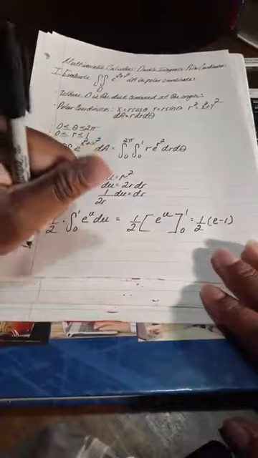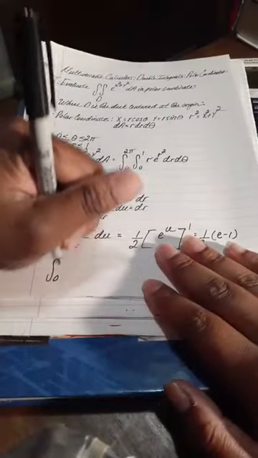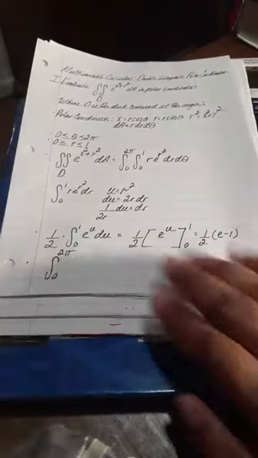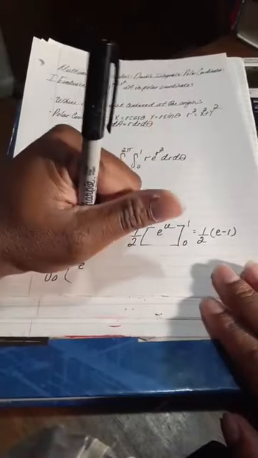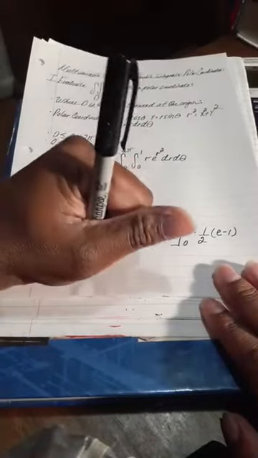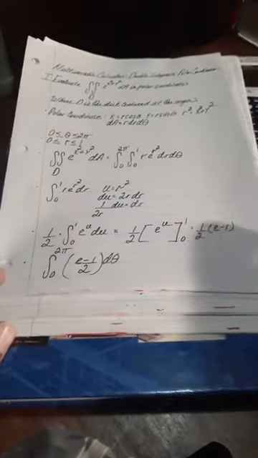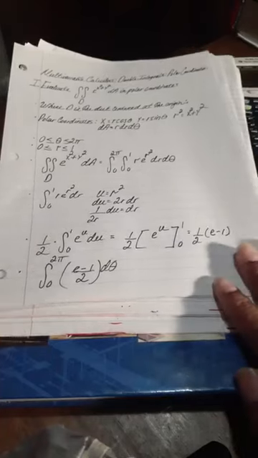Now we move to the outermost integral, and we're going to evaluate that from 0 to 2 pi, integrating with respect to theta. So we'll have e minus 1 all over 2 integrated with respect to theta.